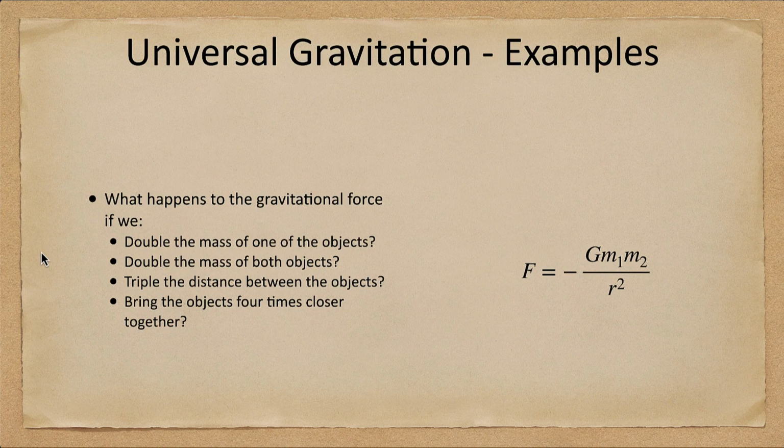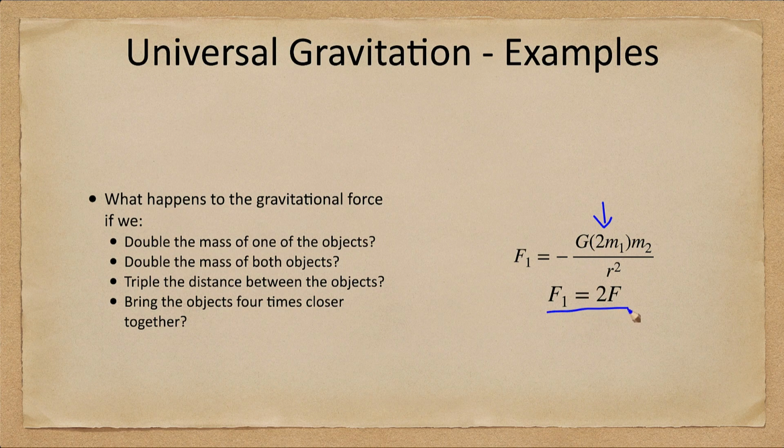And what you find, first of all, what if we double the mass of one of the objects? Well, all we've done is replaced m here by 2m. So when we multiply everything out, we get just a factor of 2 in front of the force, and this new force is twice the value. So if we double the mass of one of the objects, the force of attraction will be twice as much.